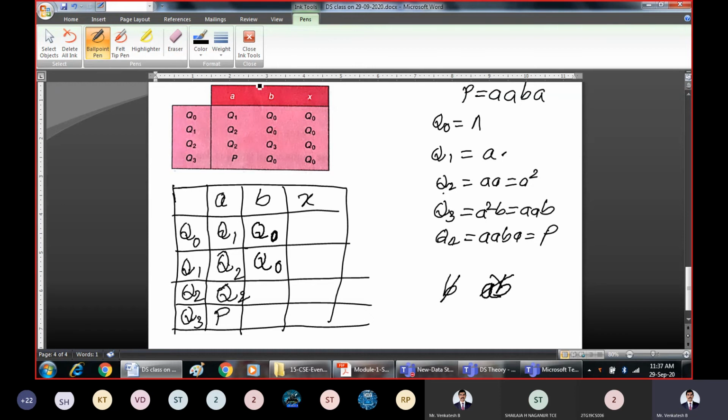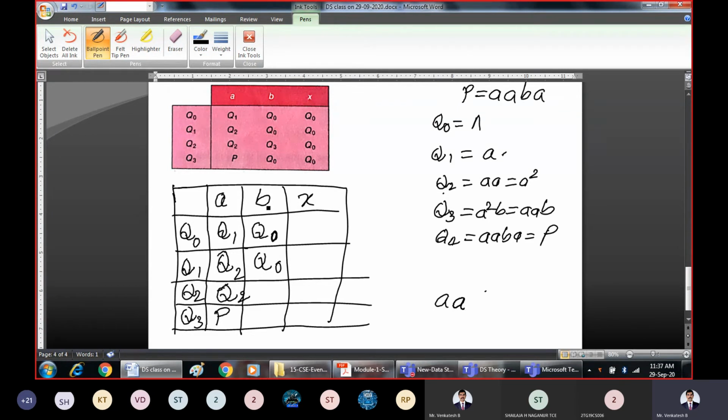Now let us see the next possibility. You are in Q2 and you are getting a character called B. What does Q2 indicate? Q2 indicates AA. When you are in AA, what do we expect as the next character? We are expecting B, and we are getting B itself.